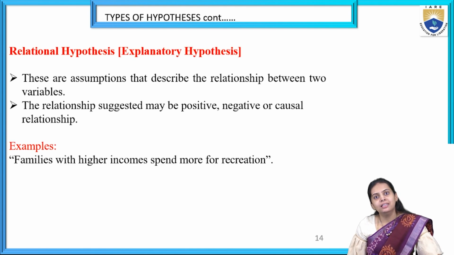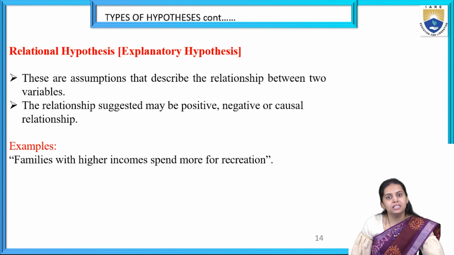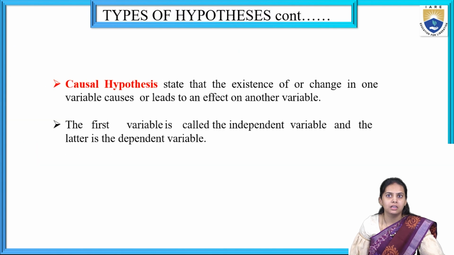And the other one is relational hypothesis. These are the assumptions that describe the relationship between two variables. The relationship suggested may be positive or negative or a causal relationship. Families with a higher income spend more on recreation.